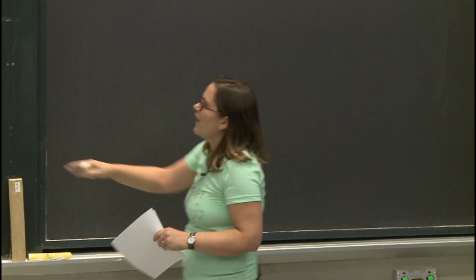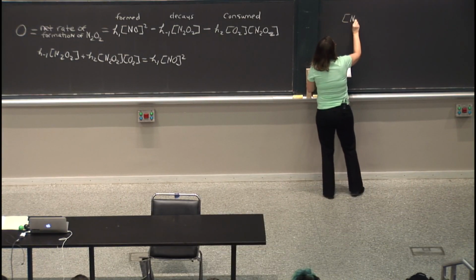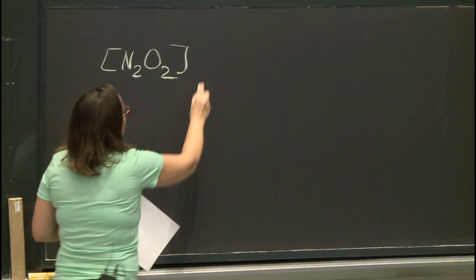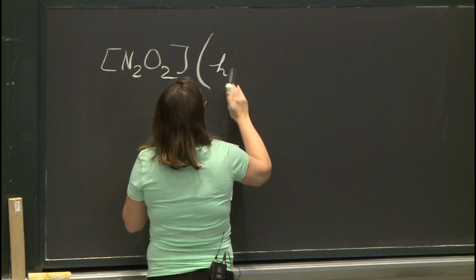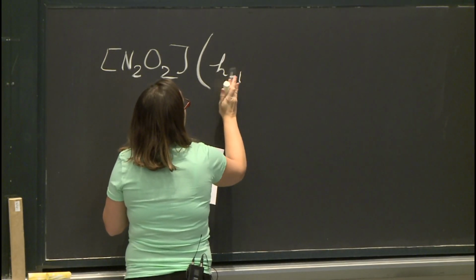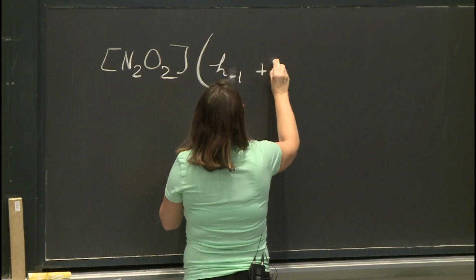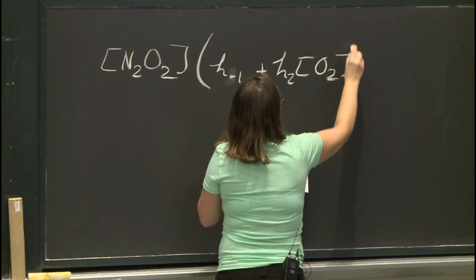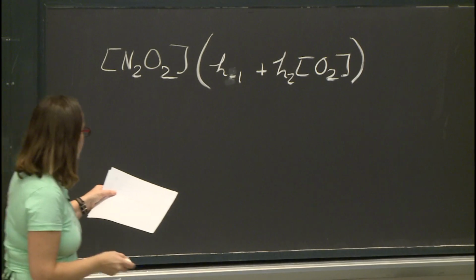Okay, so I'm going to pull out the concentration of the intermediate, our N2O2, and I'll pull it out of the expression, leaving K minus 1 and K2 times O2. So I just pulled out the concentration of the intermediate over here.